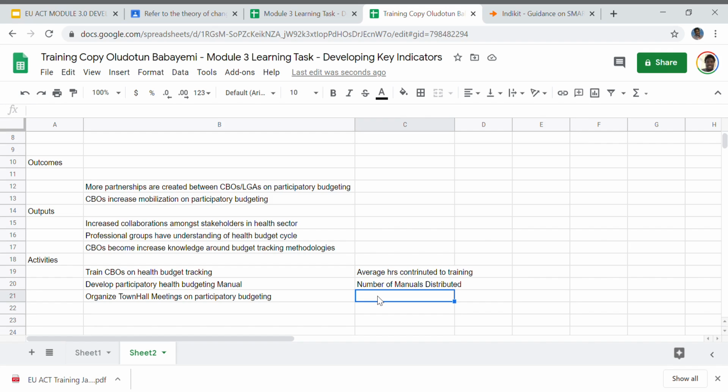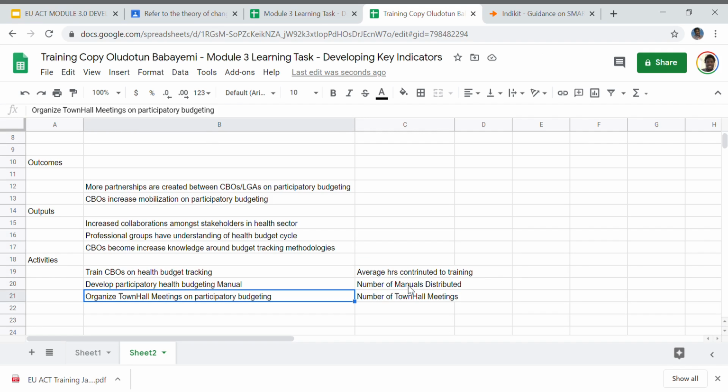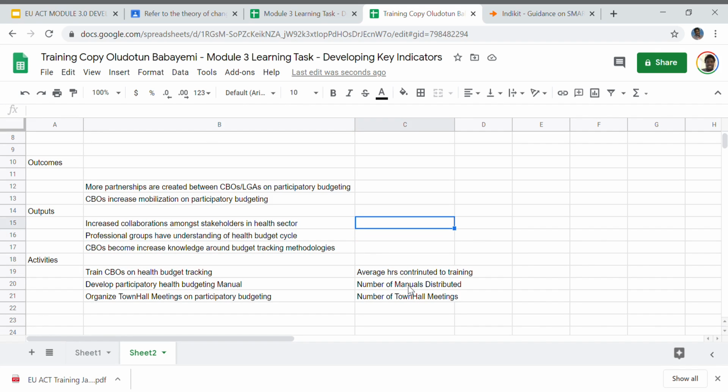Organized town hall meetings. Yes, number of town hall meetings. So you use this to monitor your activities, right? If you also do maybe radio programs, you need the number of radio programs, and at the output stage you can think about average number of call-ins per program as an output indicator.